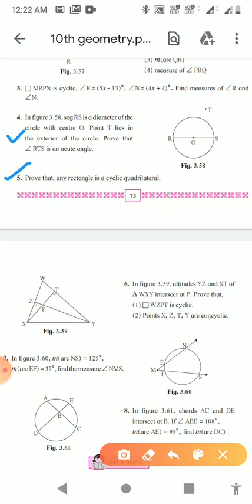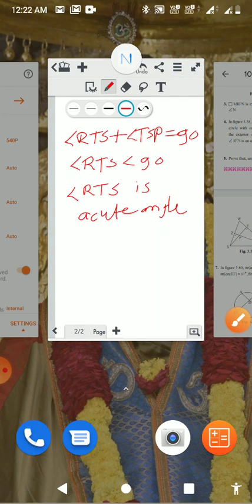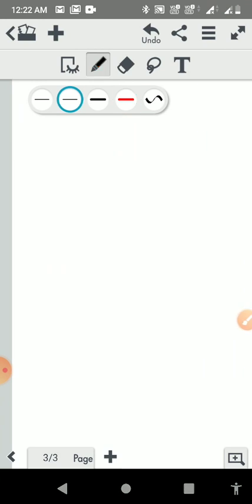Here we have to prove that any rectangle is a cyclic quadrilateral. So we will use the next page. Here I am going to draw a rectangle, let us see.